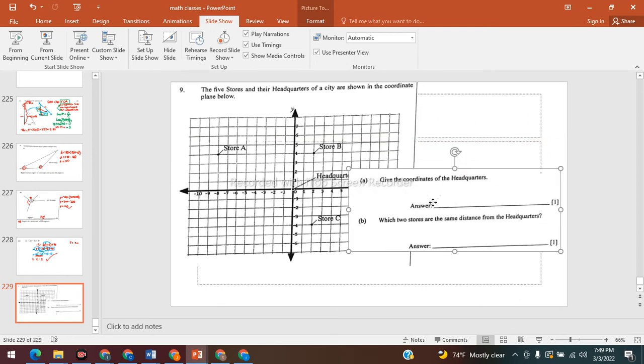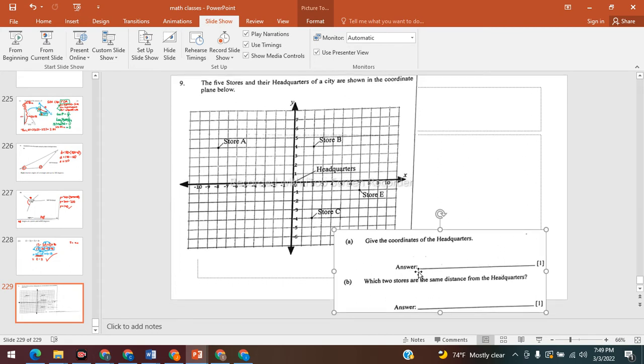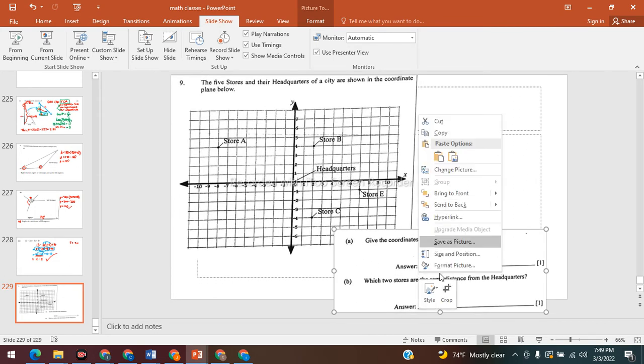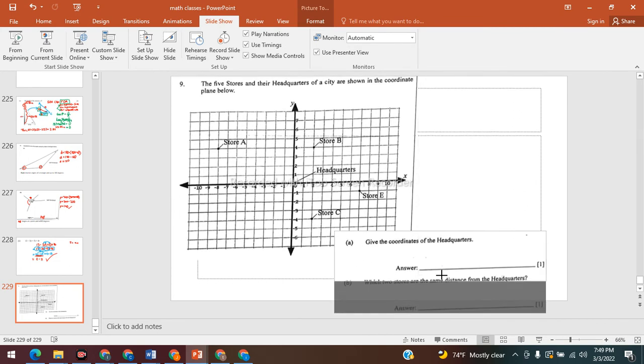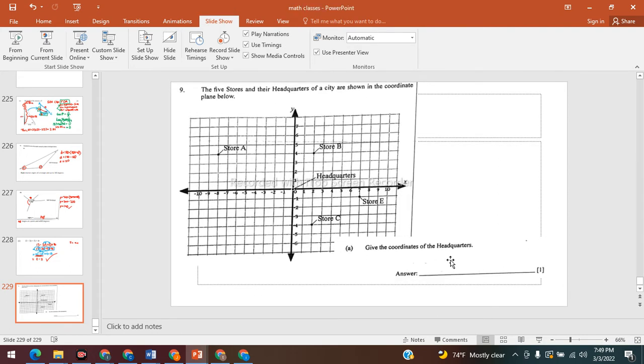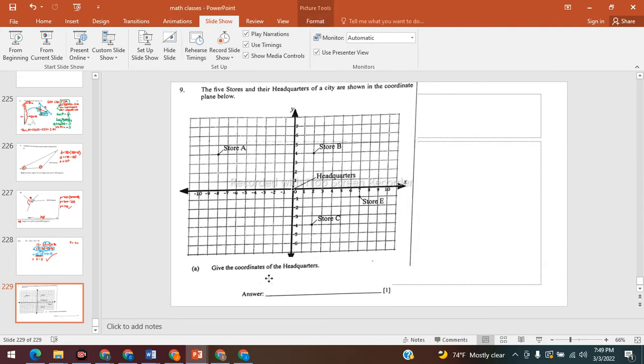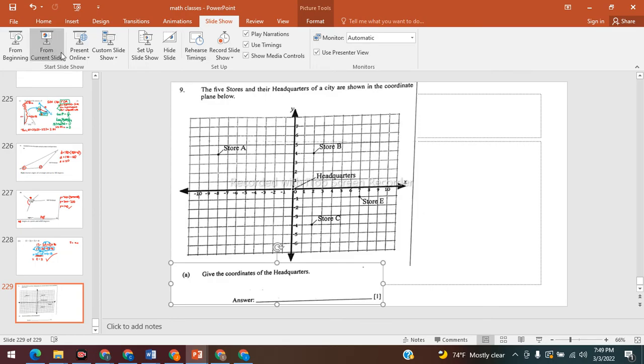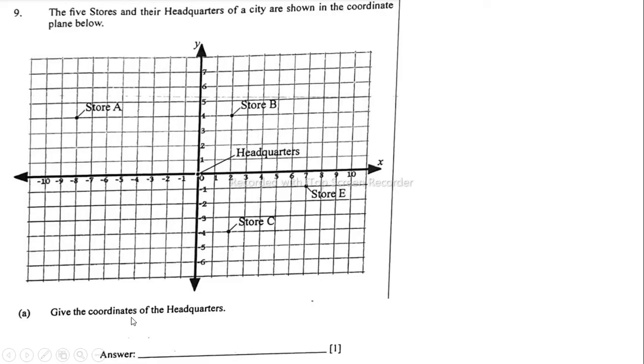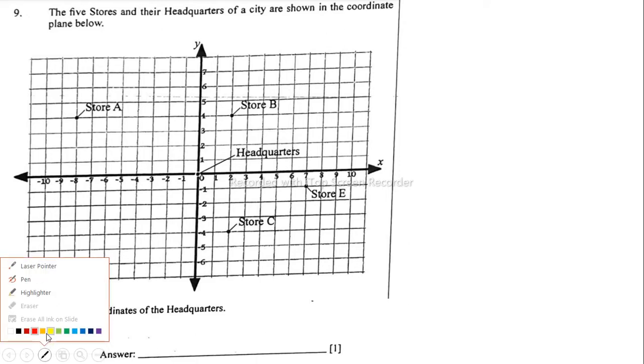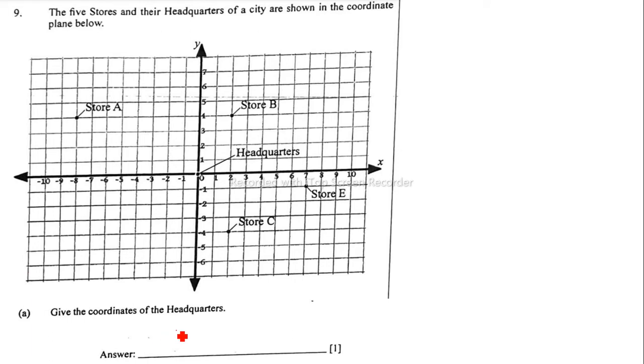Alright. Okay, so give the coordinates of the headquarters. We answered this question. Well, I said it, so it's a giveaway. If y'all were listening, 0, 0. The coordinate is 0, 0.